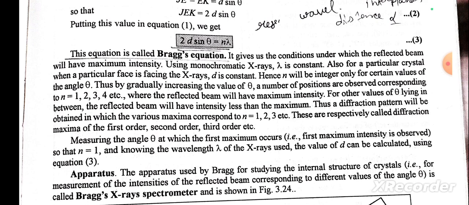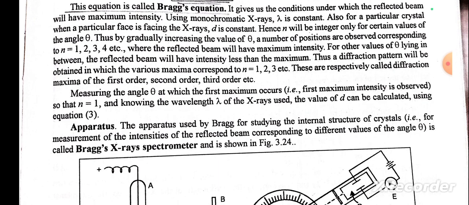Lambda is constant for a particular X-ray. When a particular face of the crystal is facing the X-ray, d is constant, and hence n will be an integer only for certain values of the angle theta. Thus, gradually increasing the value of theta, a number of positions are observed corresponding to n equal to 1, 2, 3, 4, etc., where the reflected beam has a maximum intensity.